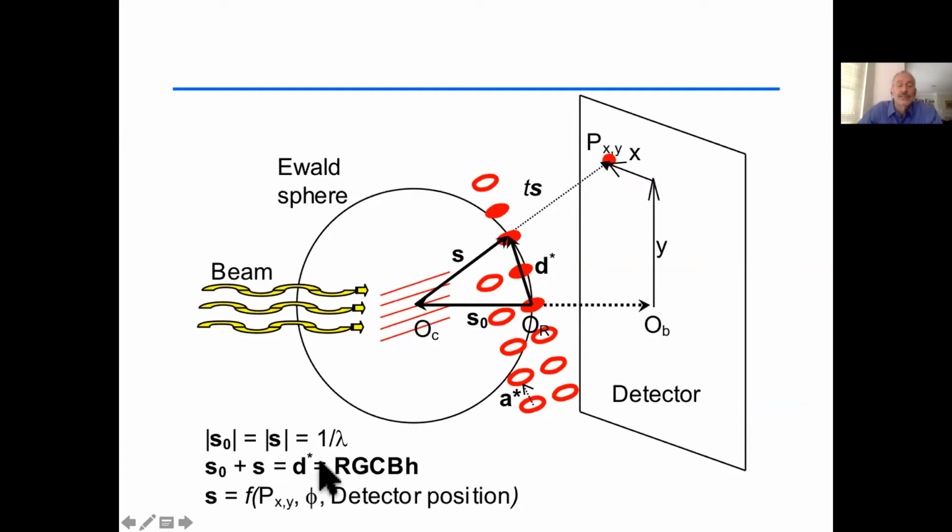And D star is equal to these set of 3 by 3 matrices, which I'll describe on the next slide, times the HKL, or the index of the reciprocal lattice point. So once again, S0 comes from, it's a function of the spot position, the rotation value of the image of the crystal when the spot was measured on the detector, and of course the detector position, because we need to know this distance and this distance.